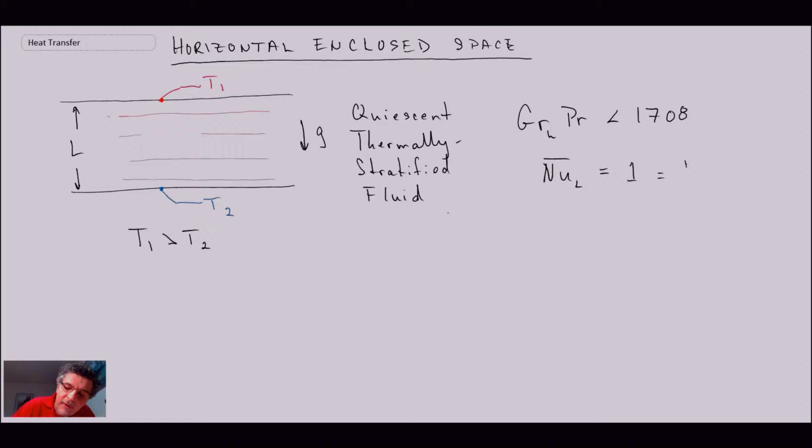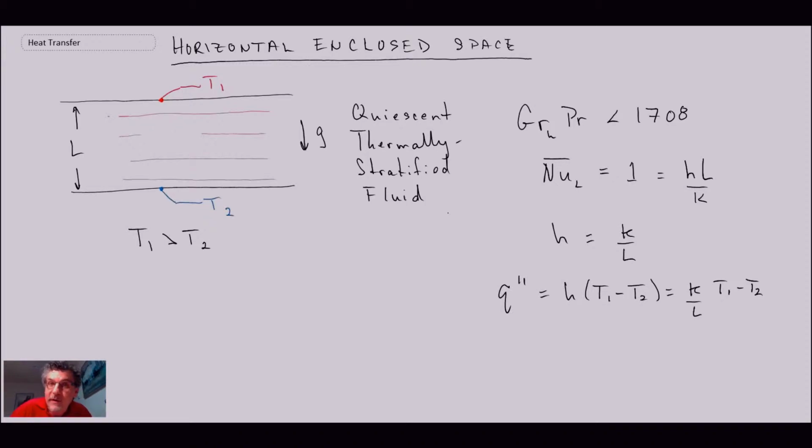If we remember hL over k, what that is telling us is that h is just equal to k over L. And if we recall Fourier's law, we had h times T1 minus T2. So plugging in the h value, we get k over L times T1 minus T2.